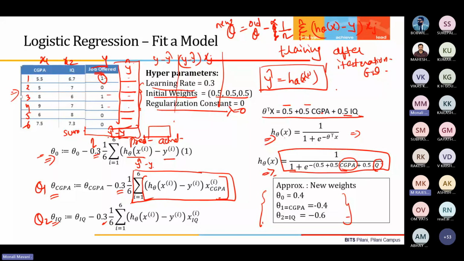In the beginning, I said please remember the notations. Y hat is just a shorthand notation for the hypothesis function, because that is a little big to write. So every time I write y hat, it is the same thing. In every book and literature where you read, y hat denotes the prediction, and h of theta x is also the prediction. They are different ways of writing the same thing.